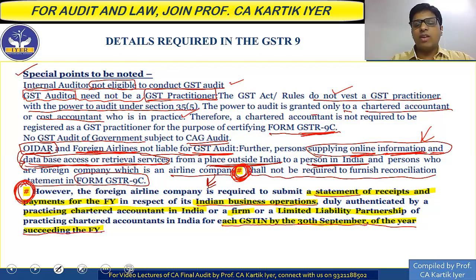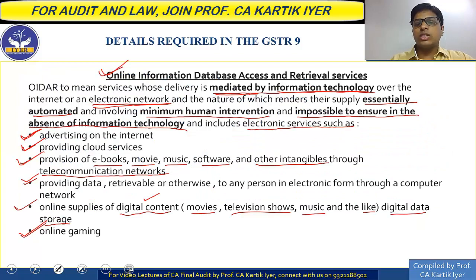So that is a requirement they have to provide in terms of documentation. Okay, their receipts and payment statement should be provided. Okay, but however, GST audit will not be applicable to such organizations. Okay, that's it. That's in relation to the GST audit part.